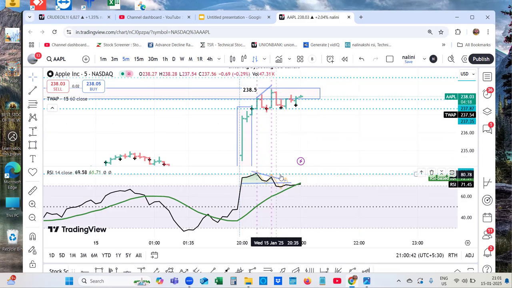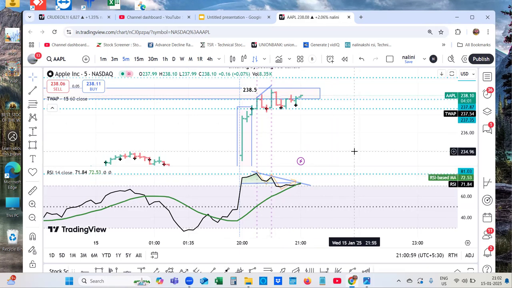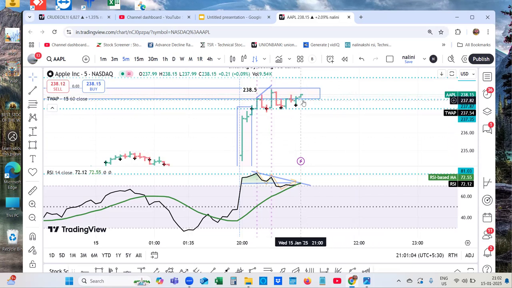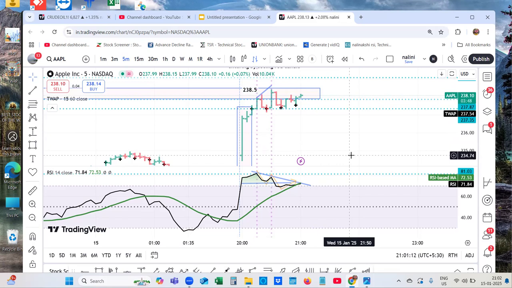Even though RSI showed divergence here, people make the mistake of entering the trade on seeing the divergence. So no entry till now. Sometimes what it does, price will move higher and snap back.